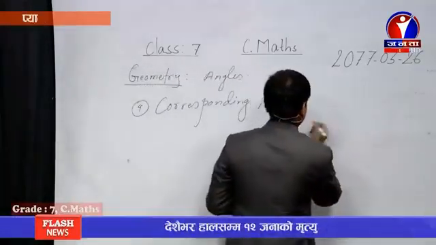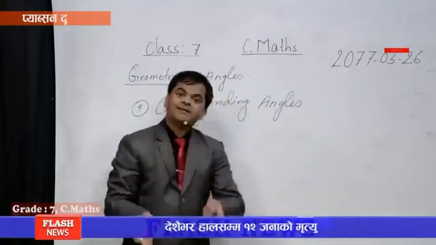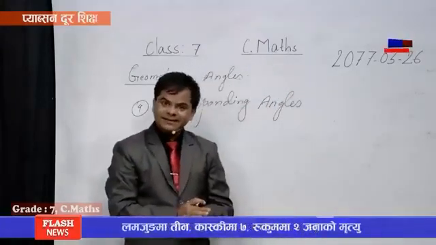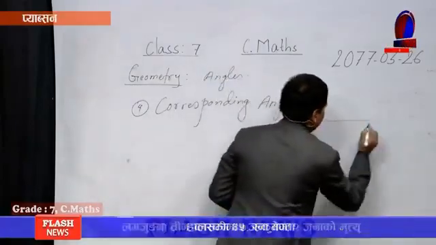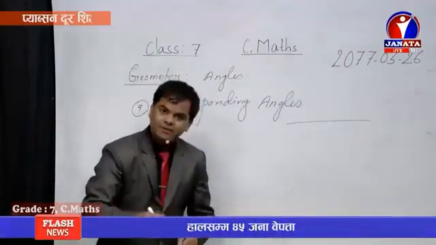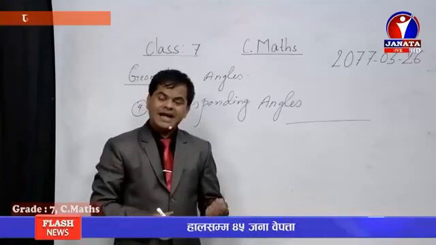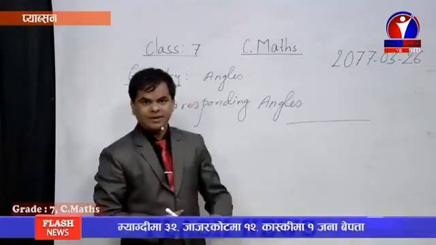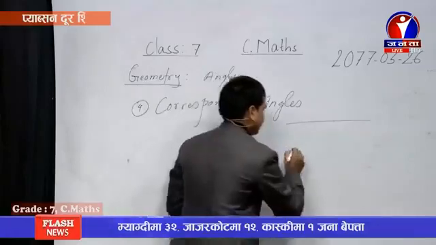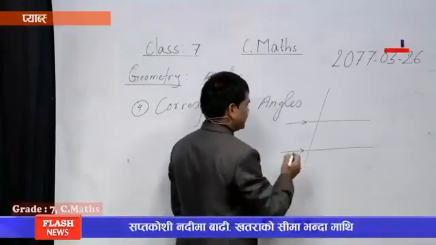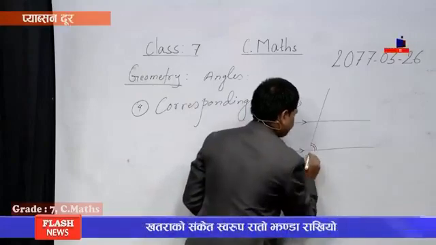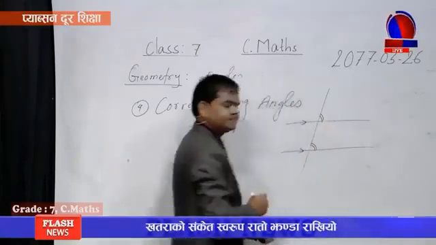Looking at the figure, both should be on the same hand side, and one should be inside the parallel lines, another should be outside the parallel lines. So if these two lines are parallel to each other, this one is corresponding.